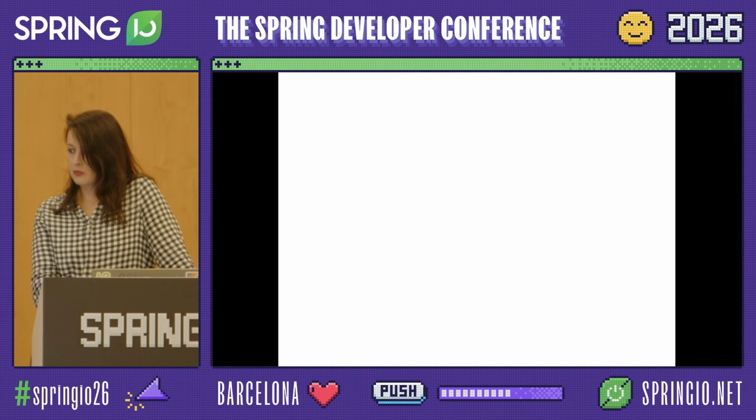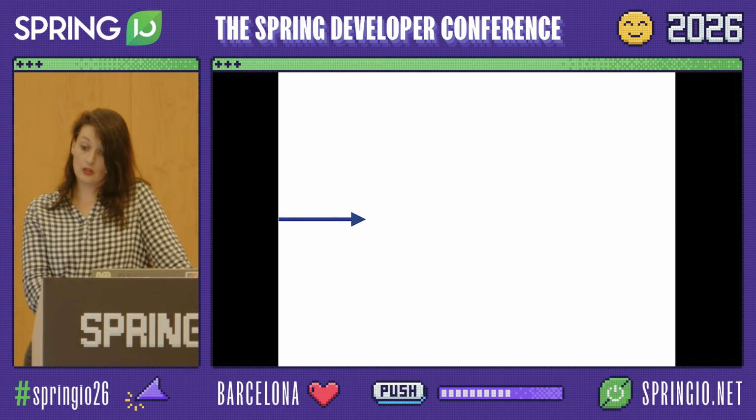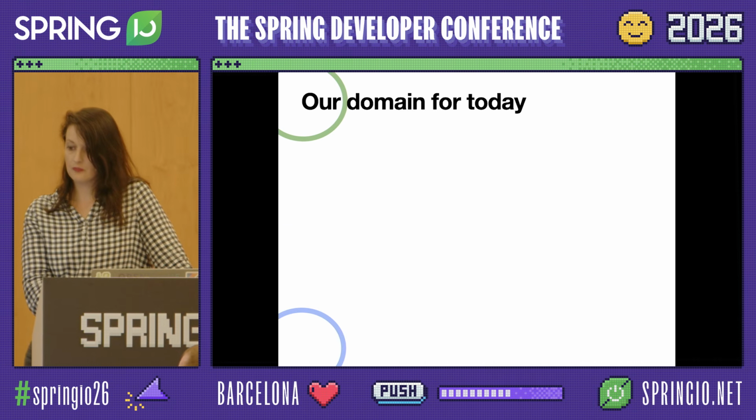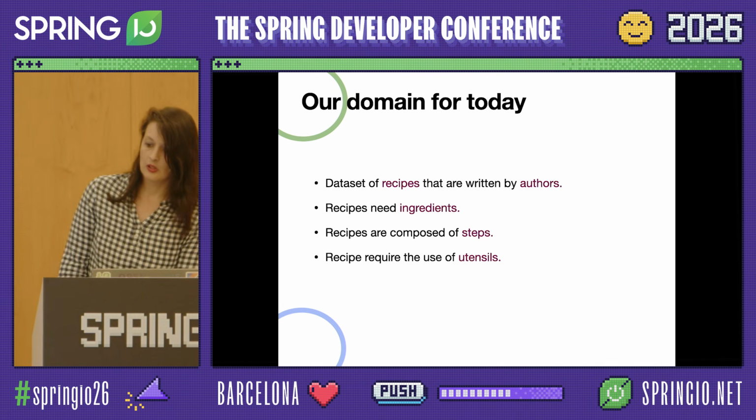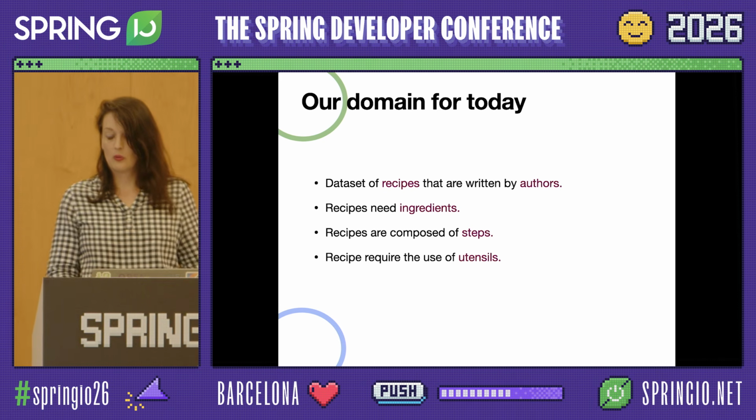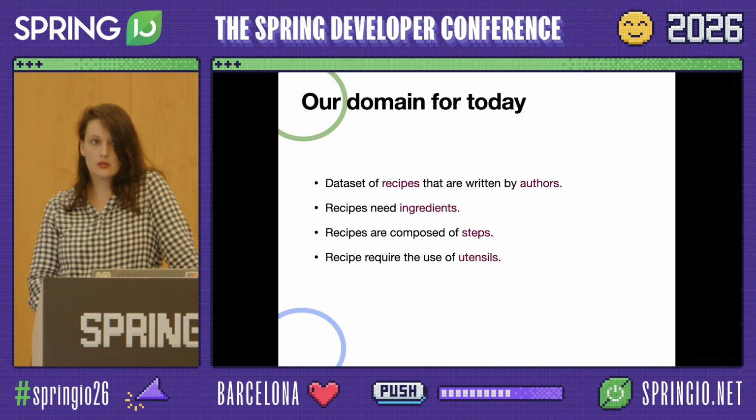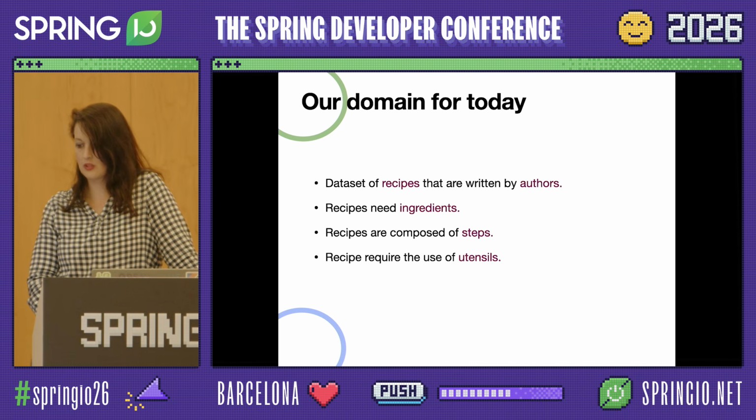Now, this was a bit about the data modeling. And now let's see how this can be put into practice in an application. The application that we are going to see, you already saw a bit when we were querying with Cypher. It's a data set of recipes that are written by authors. Each recipe needs ingredients and is composed of steps.